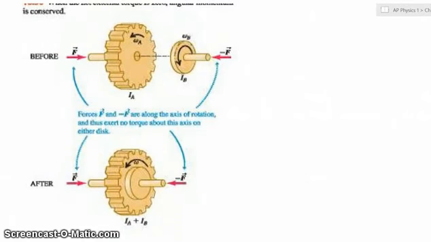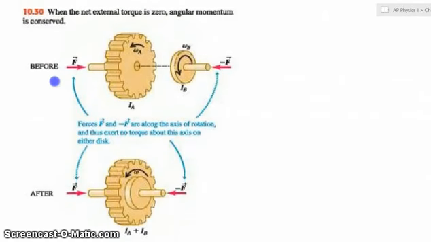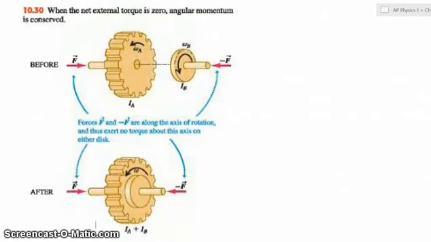So we can use angular momentum conservation in this case because the way we defined it is that there isn't going to be any net external torque acting on the gears during what we could essentially think of as a collision. So we can say that the initial momentum is equal to the final momentum.